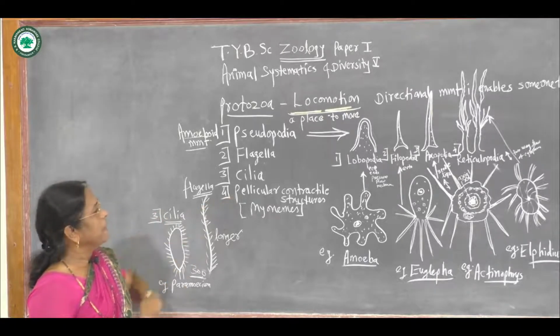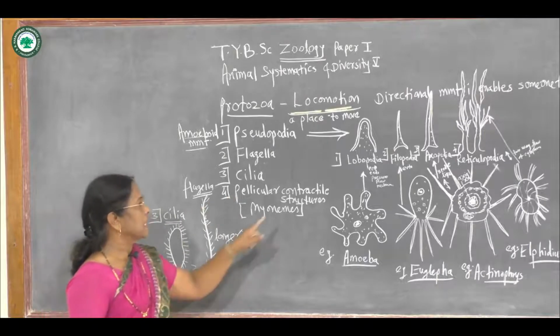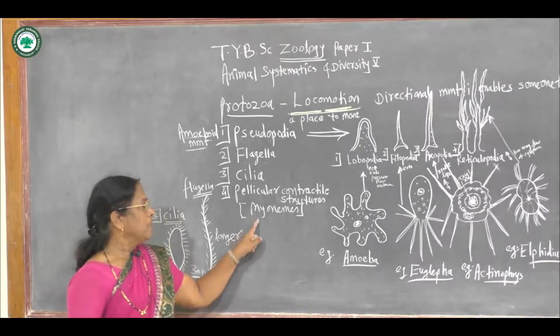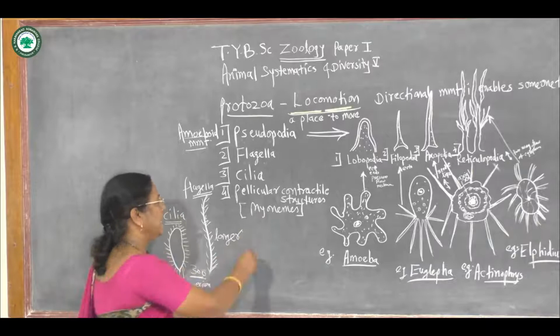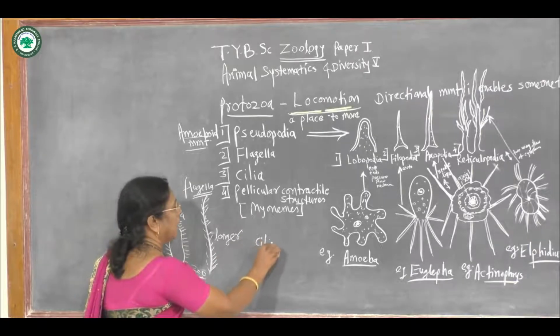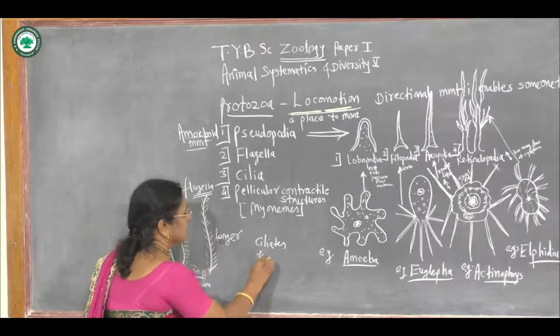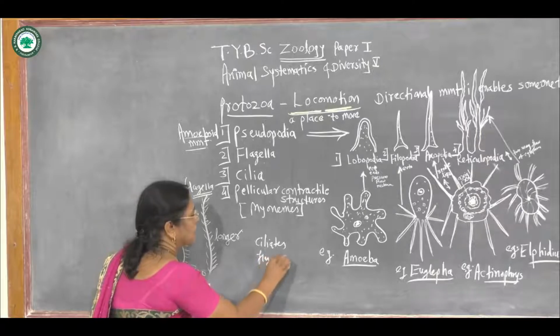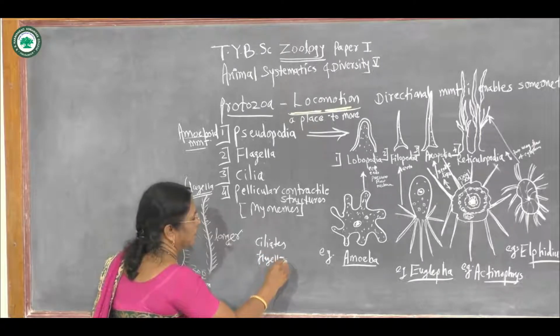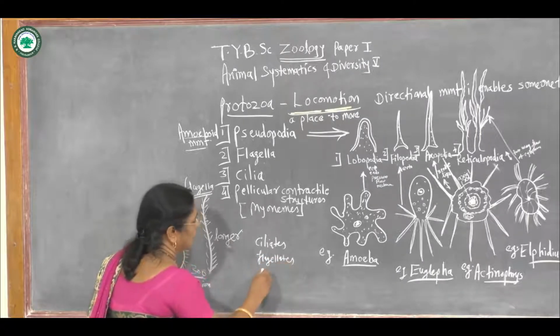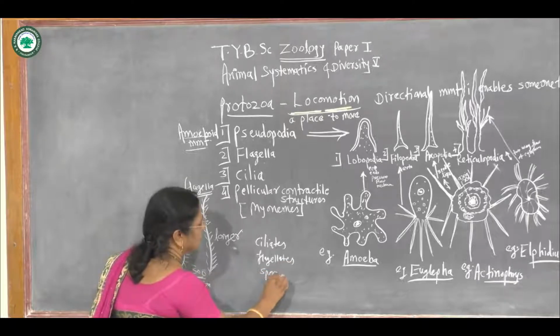And the fourth type is the pellicular contractile structure or the myonemes. They are found in ciliates and flagellates, also in sporozoans.